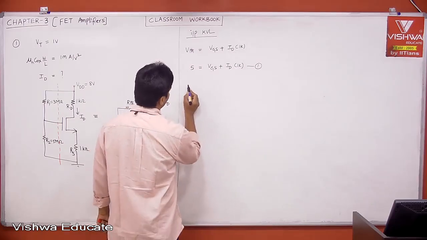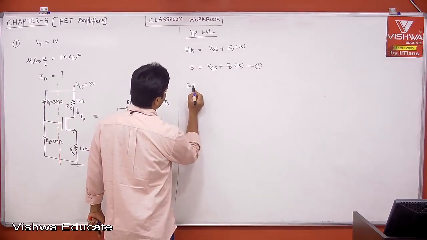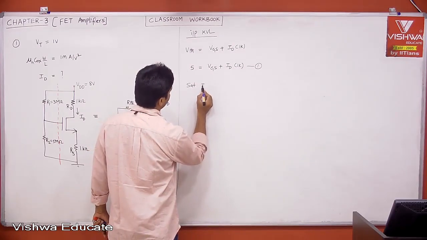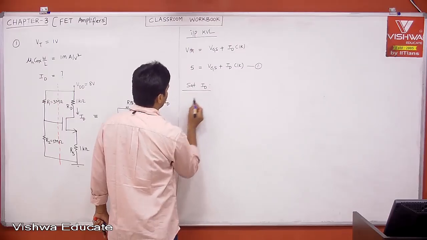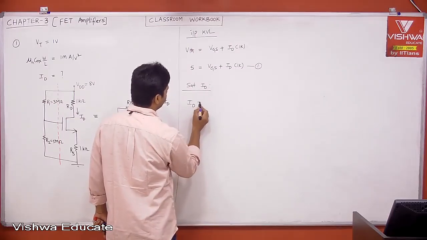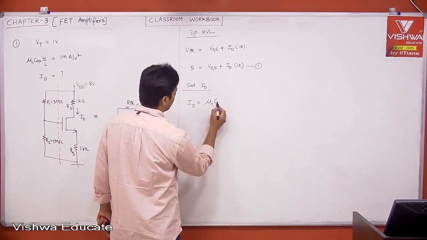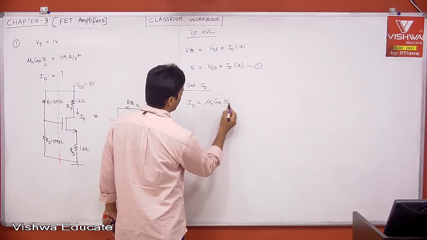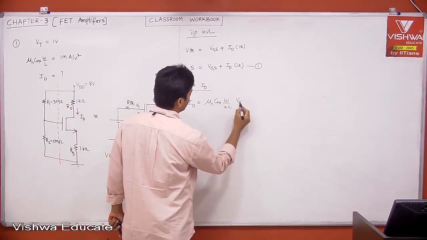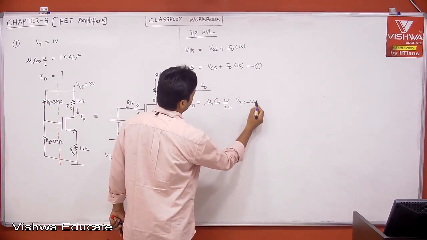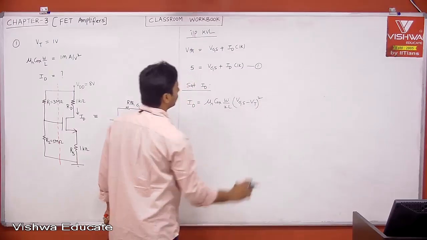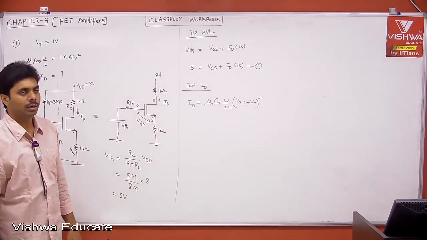Therefore, what is the saturation current equation? Saturation ID. ID is equal to mu n Cox W by 2L into (VGS minus VT) whole square, right?